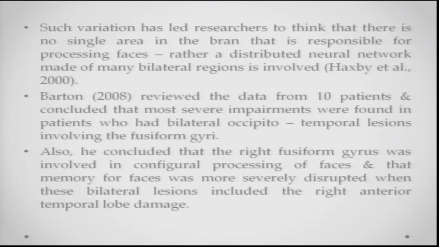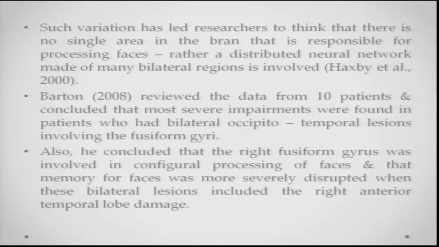Now, such variation has led researchers to think that there is no single area in the brain that is responsible for processing faces. Rather, a distributed neural network of areas composed of many bilateral regions is involved in perceiving faces. Barton 2008 reviewed data from 10 patients, and concluded that severe impairments were found in patients with bilateral occipitotemporal lesions involving the fusiform gyrus, which had led to prosopagnosia.